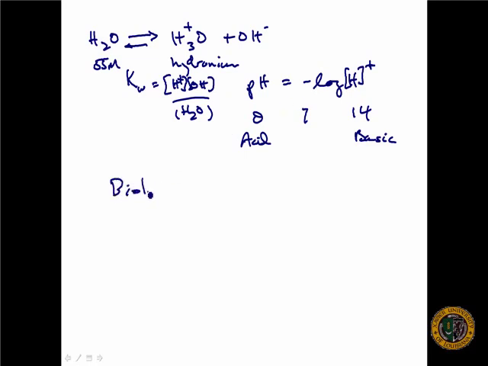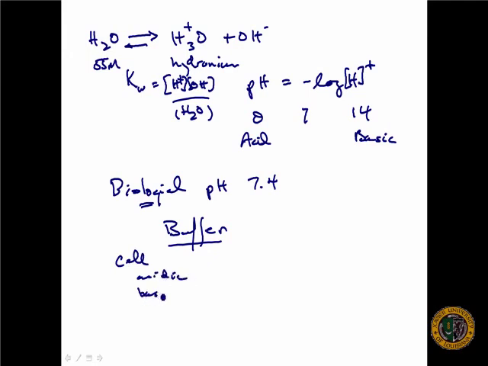And what we need to do that with is a buffer, because cells contain acidic and basic groups, amino acids in particular, basic groups, ammonia, byproducts that contribute to the solution and could cause the pH of 7 to go up or down when these cells die and release their contents.